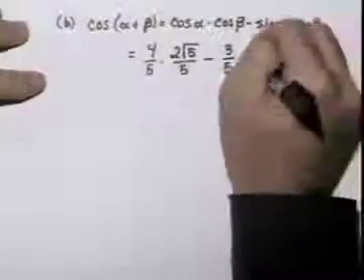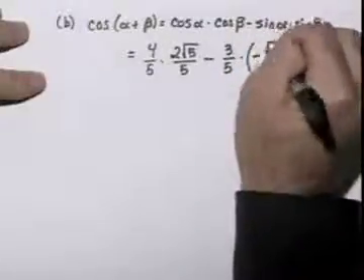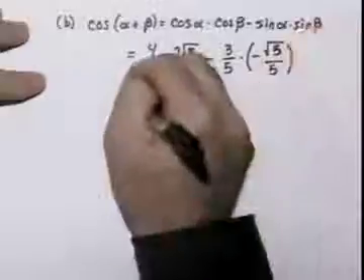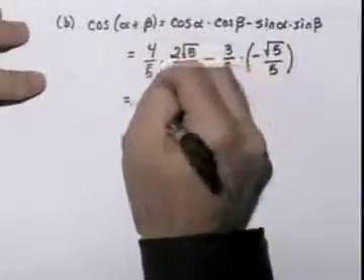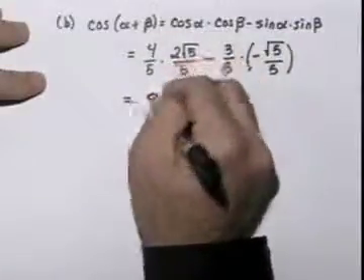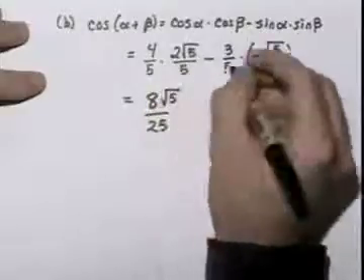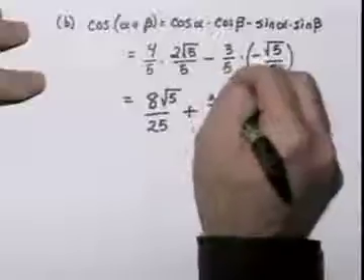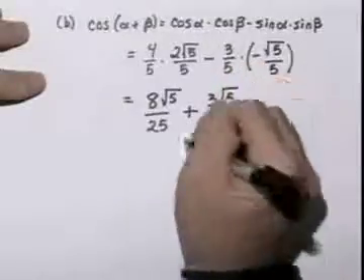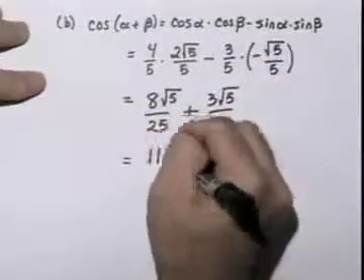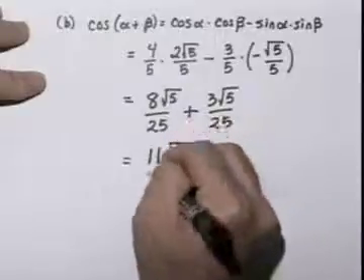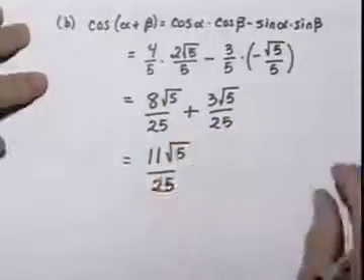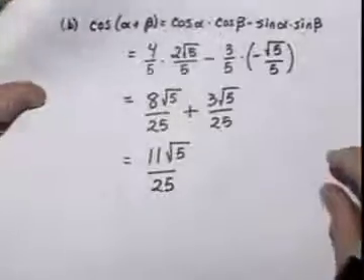The sine of beta is negative √5/5. So here we have 8√5/25. Two negatives make a positive. 3√5/25. Adding, we get 11√5/25 is the cosine of alpha plus beta.